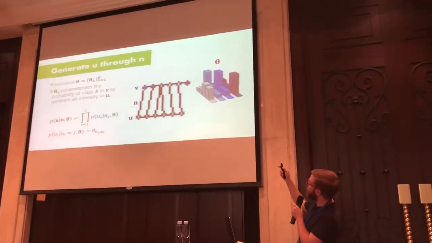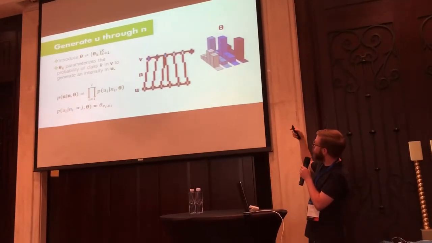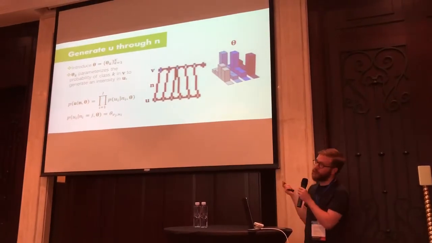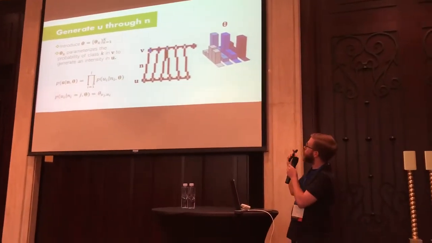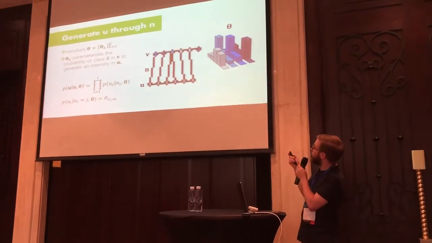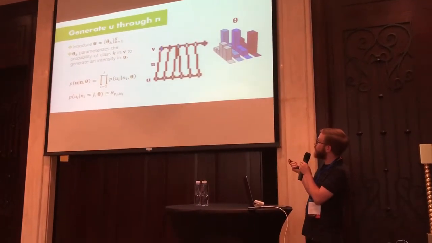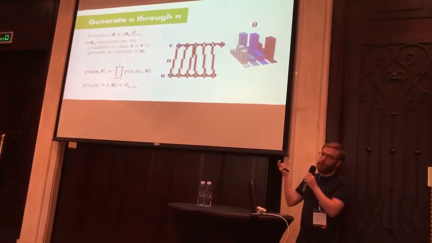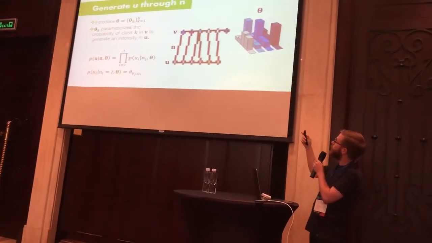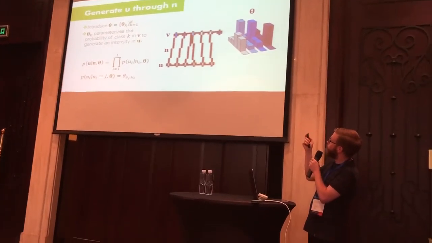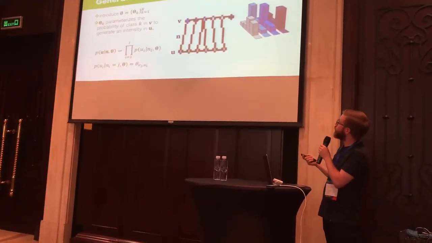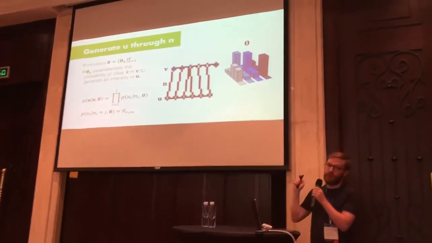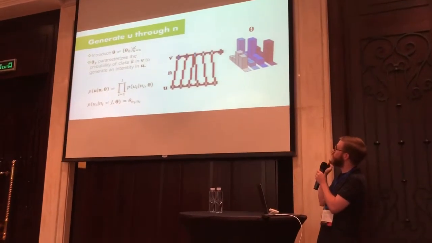For each intensity, or each class in V, we have a probability distribution which gives the probability of different intensities in U. Because we are doing mutual information, they are binned probability distributions, but obviously we could use any kind of distribution.